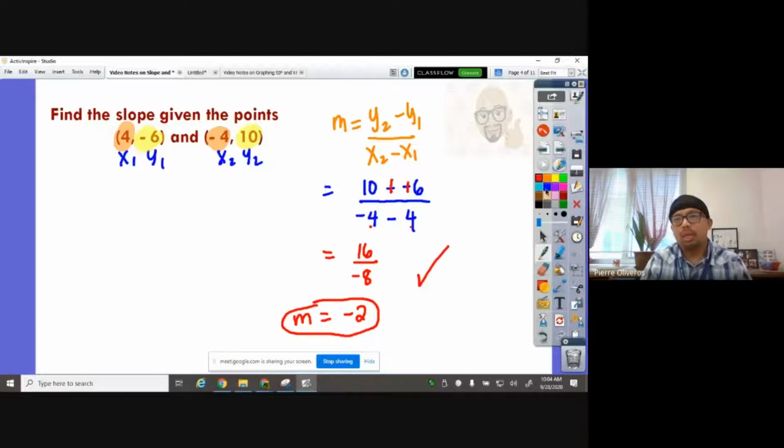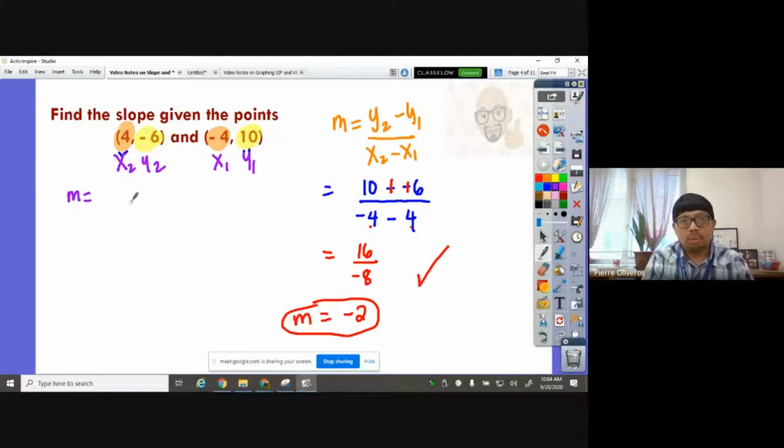Okay, very easy. Now, what if we reverse it? What if we mess it up? Let's say we make this one here as the x2 this time and y2, and the other x1, y1. Are we going to get the same answer? Let's prove it here.